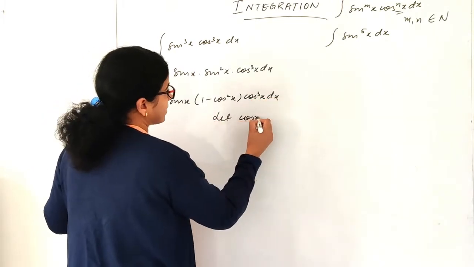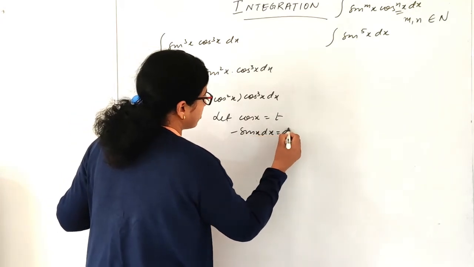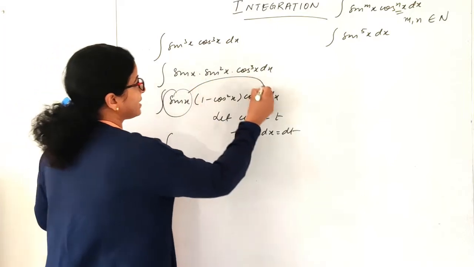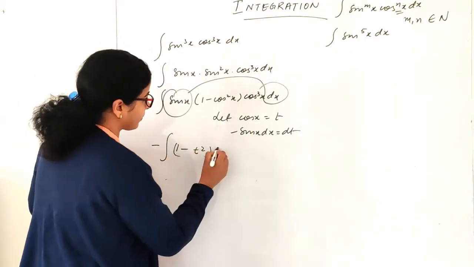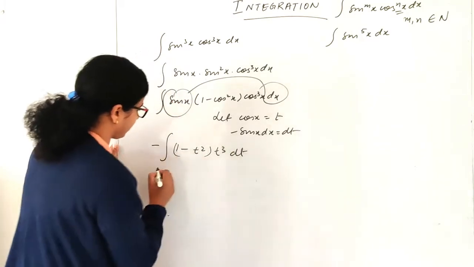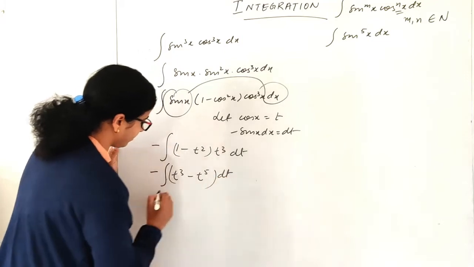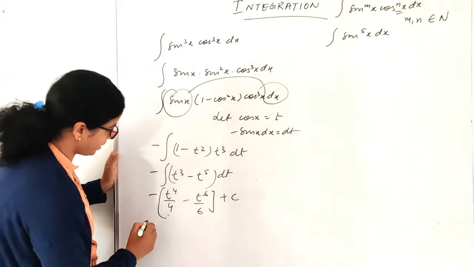Let cos x be t, so minus sin x dx equals dt. Now this forms dt, and we get 1 minus t square, t cube, dt. So minus the integral of t cube minus t to the power 5 dt; now we can integrate simply and substitute the value of t.